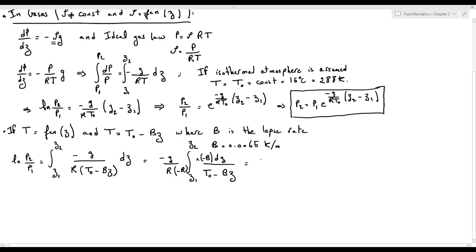So we will have g over R into B, into ln u, and u is equal to T0 minus Bz. So ln of T0 minus Bz from z1 to z2.